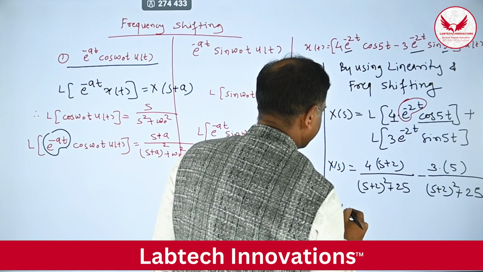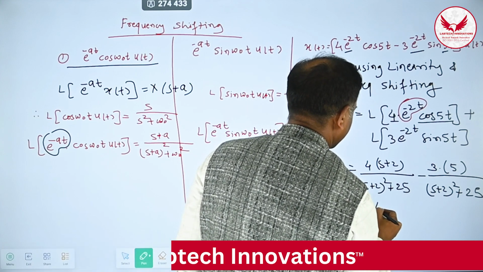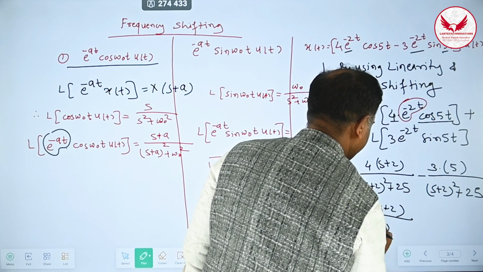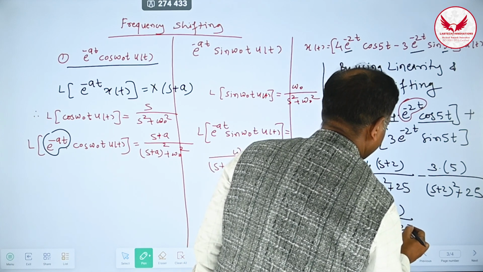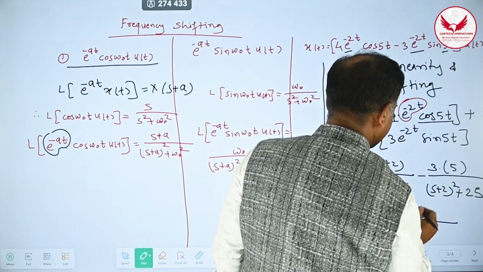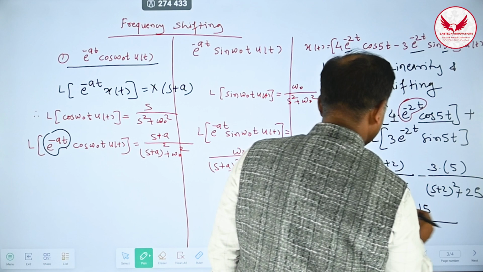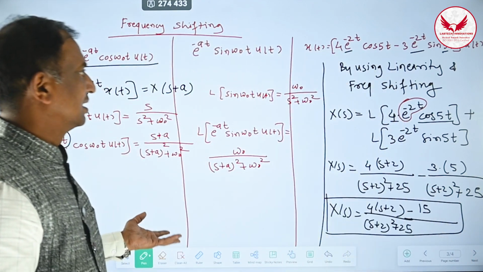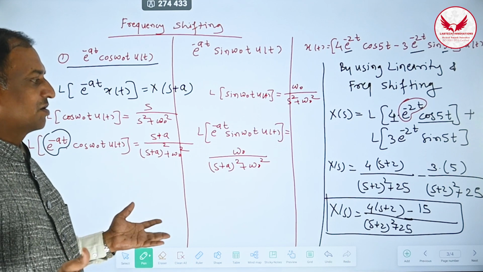So this x of s is equal to 4 into s plus 2 divided by s plus 2 whole square plus 25. And accordingly this is common in both the numerators, so minus 3 into 5 is 15. So this is the Laplace transform of the above signal. So within 2-3 steps you can find the Laplace transform of any complex signal.